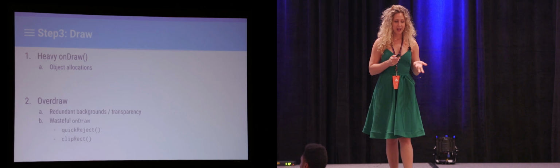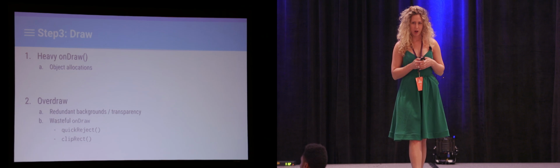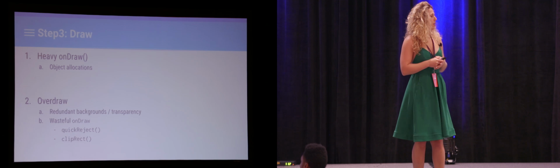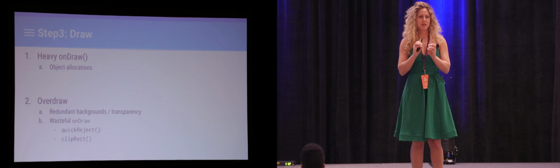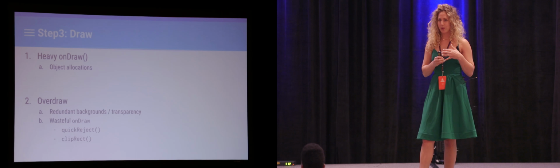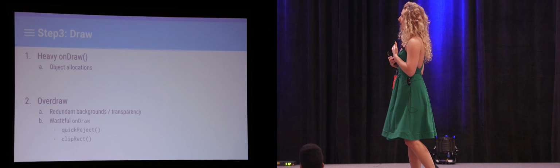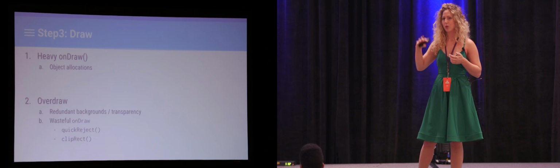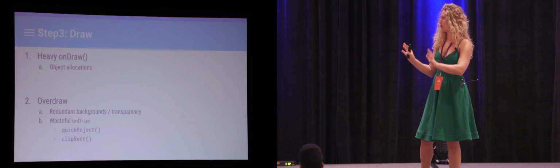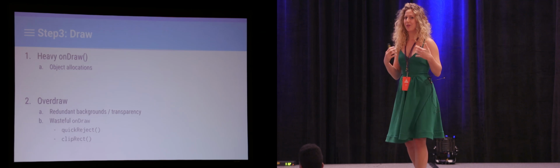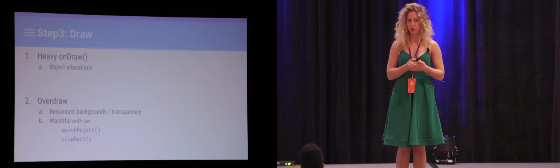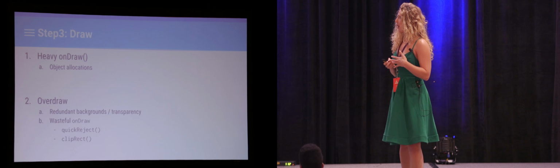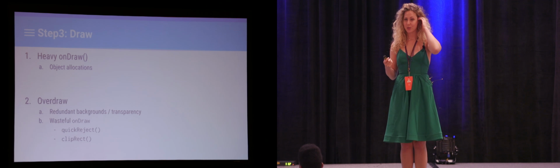So the last part is the draw. When we talk about the draw part, I can say that there could be two main problems. One is if the on-draw is very, very heavy and takes a lot of time to draw the view. Mainly it happens when we have object allocations without even noticing.